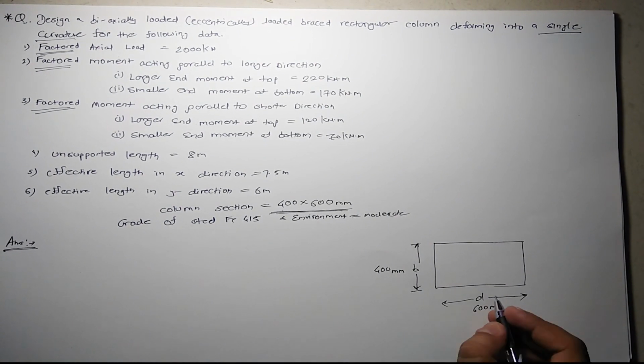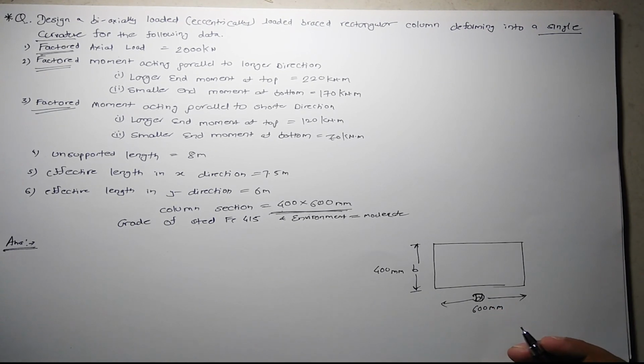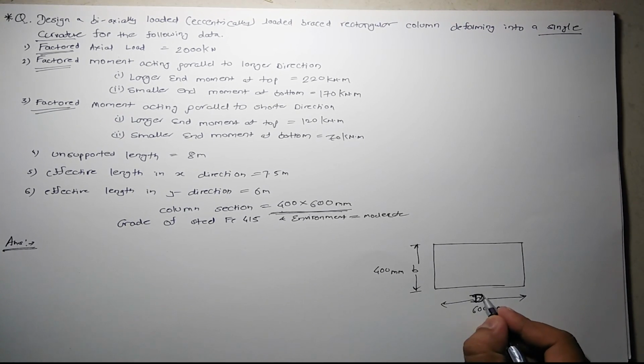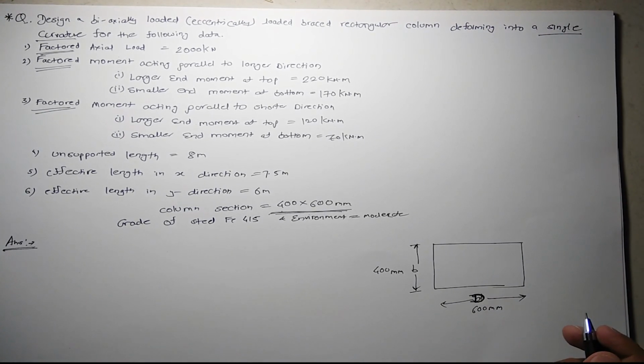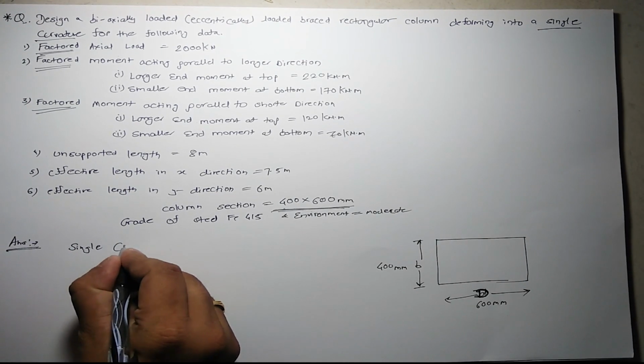In some books you may write it as capital D, no problem. We will consider capital D, because D dash is also coming, so I'll explain one by one. So this is capital D, and small b. First of all, it is to be designed for single curvature.